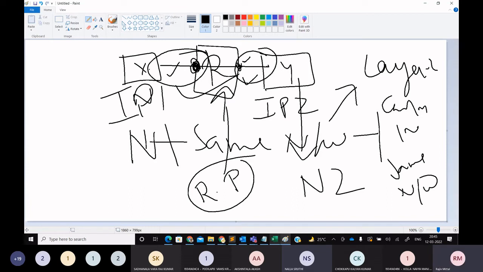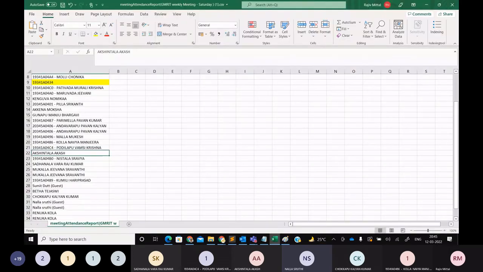How can you identify? Sir, how can you identify if two computers are connected together and able to send communication to each other, so how can you find out they are in layer 2?